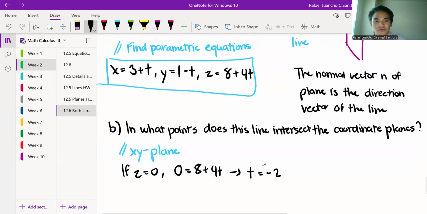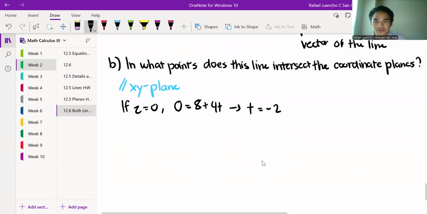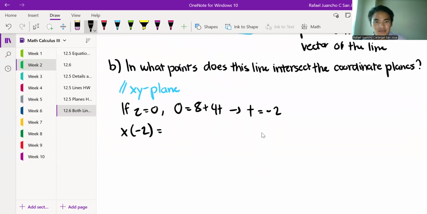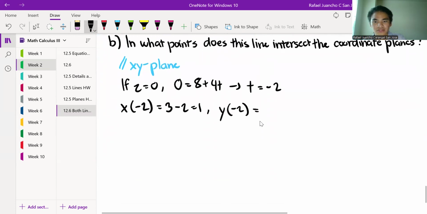And now we can plug in that for x and y, and we can get the point. So let's just plug it in. My x at -2 is 3 minus 2, which is 1. My y at -2 is 1 minus -2, 1 plus 2, that's 3.